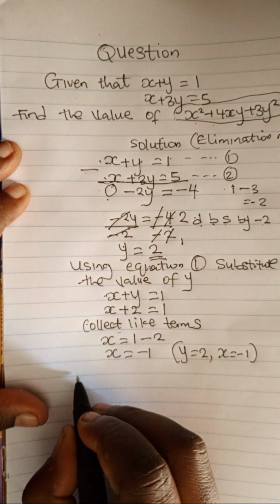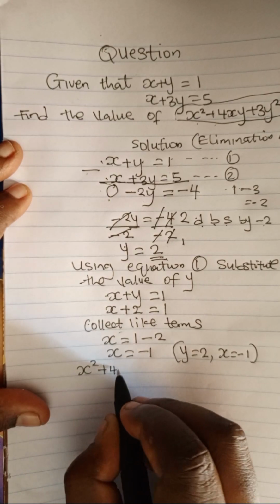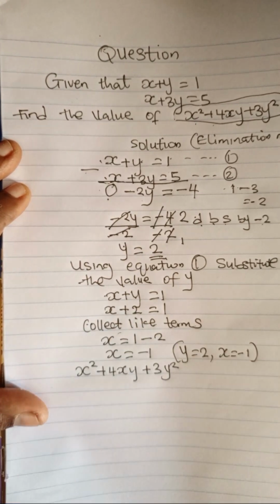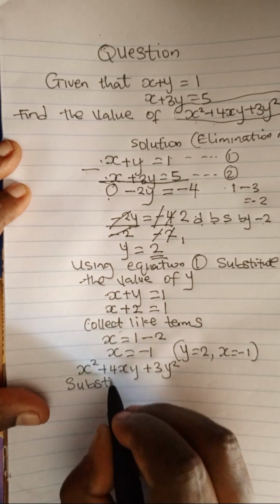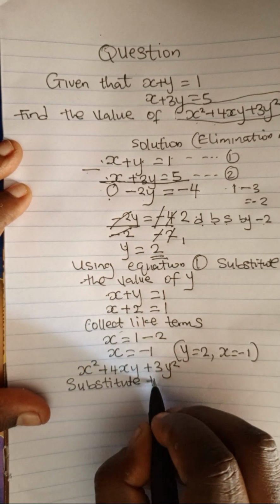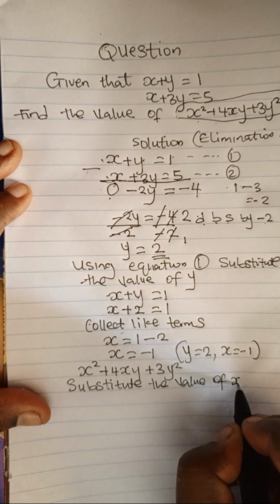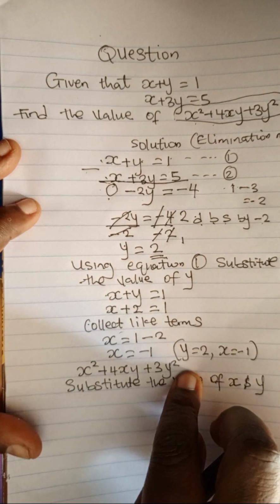So let's bring that expression down. We have x squared plus 4xy plus 3y squared. All we need to do is to substitute the values of x and y into our expression.